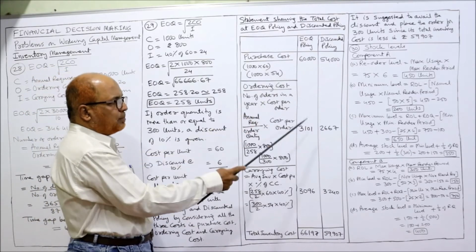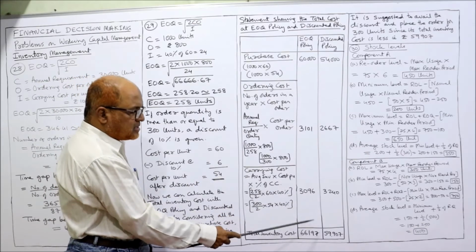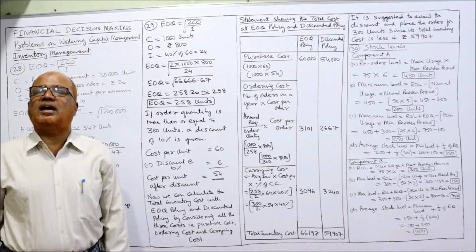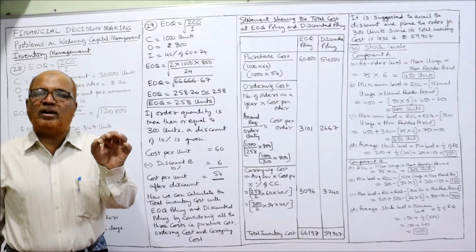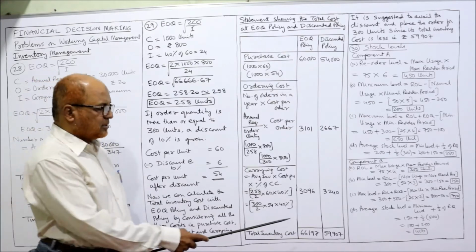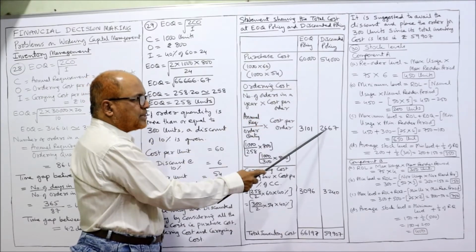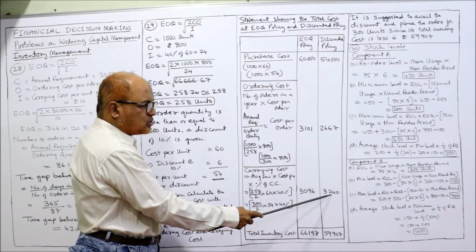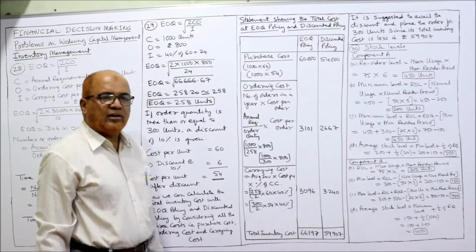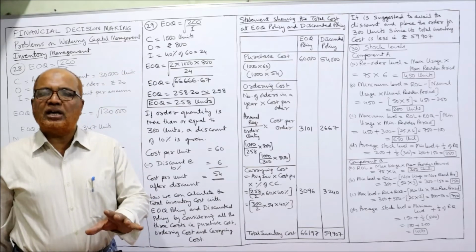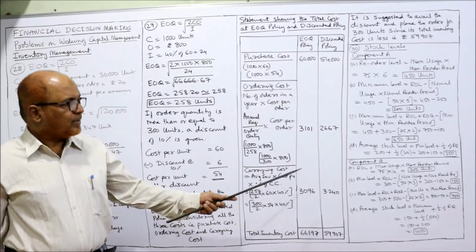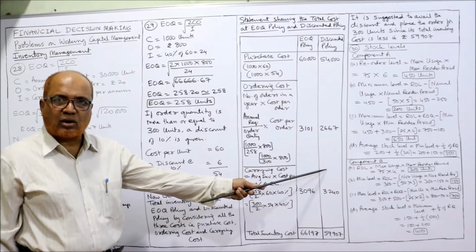So 60,000 plus 3101 plus 3096, 66,197 is the total inventory cost with EOQ policy. And discounted policy 54,000 plus 2,667 plus 3,240, 59,907. So we got the inventory cost at EOQ policy and discounted policy.